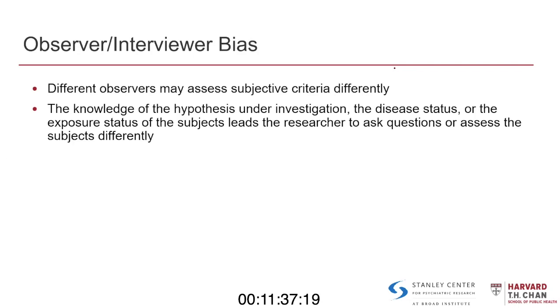Another type of bias that we may have is interviewer bias. This is the case where different observers may assess subjective criteria differently. For example, different nurses can have different habits of rounding blood pressure reads. And the knowledge and hypothesis under investigation, or the disease status or exposure status, might lead the researcher to ask questions or assess subjects differently.